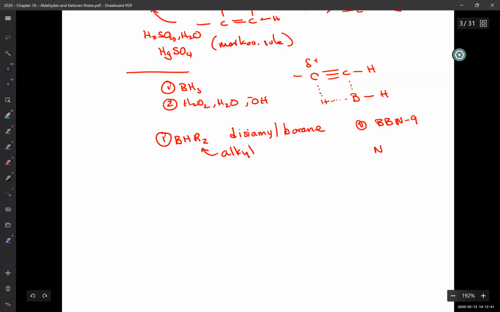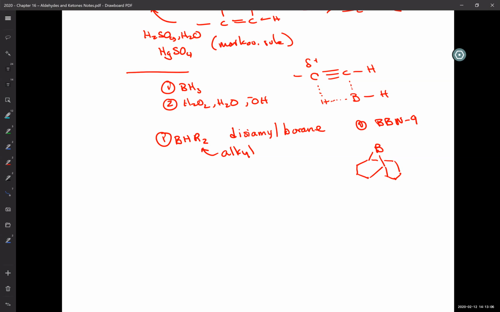I'll have to draw it, that's the only way to do it. I don't know how to explain it, but it's a ring with 9 atoms in it. This is a boron, and the 9 is for the position of the boron at the top.